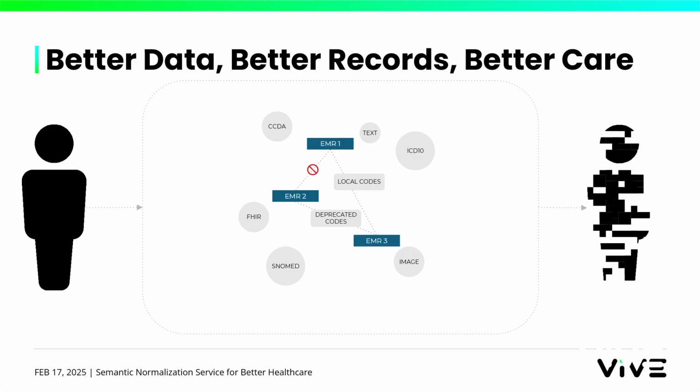We're going to be focusing today on semantic normalization to improve digital healthcare. The current state of the world is that data exists in a lot of different places and in a lot of different forms. For real clinical care scenarios, often you have to pull data from multiple EHRs, lab systems, pharmacy systems, and you get data that comes in a lot of different forms.